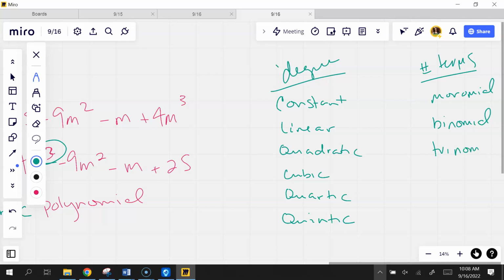How about 4 or more? You put these together. Yeah, so cubic binomial or linear polynomial, which you wouldn't have a linear polynomial, but a quintic polynomial or constant 0.